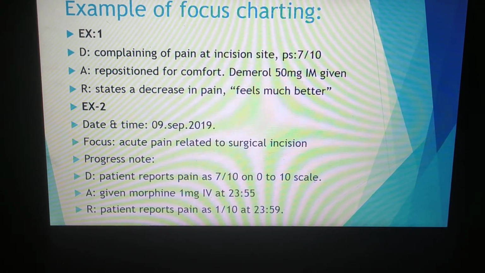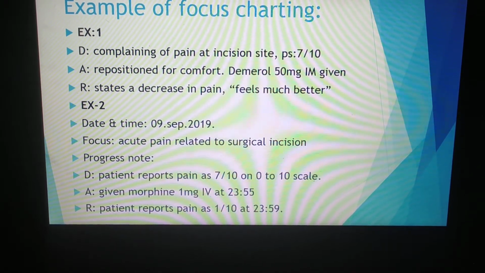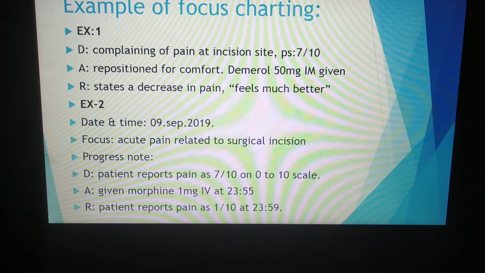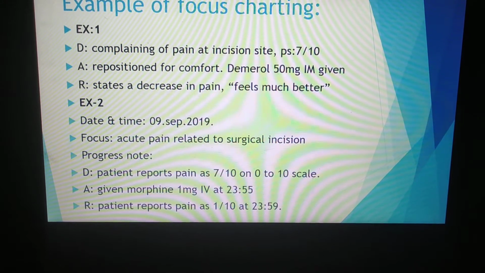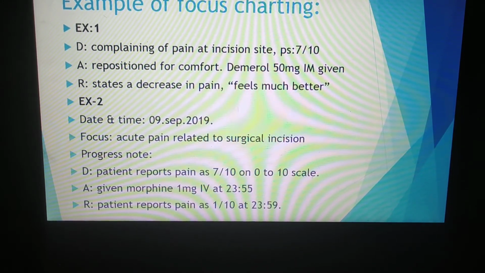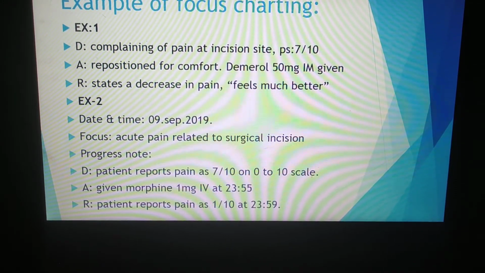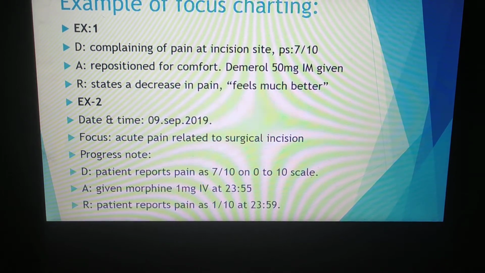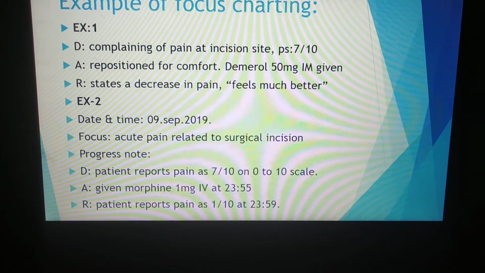So the focus charting includes the date and time, on 9th September 2019, and the focus is acute pain, because the patient is experiencing and complaining of pain related to the surgical incision.